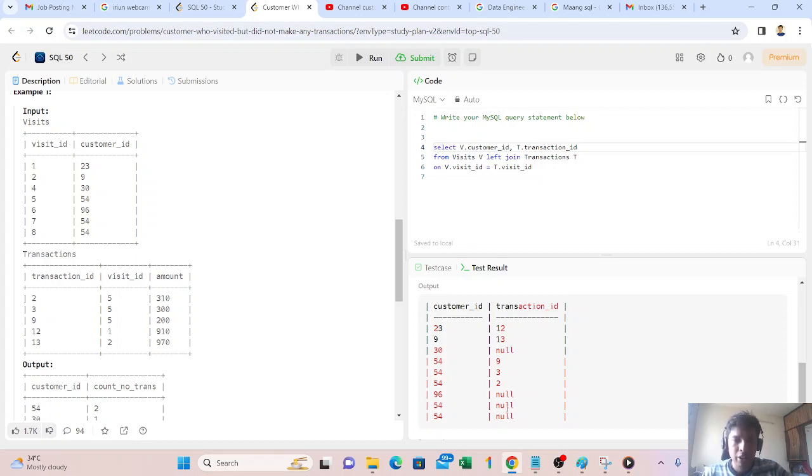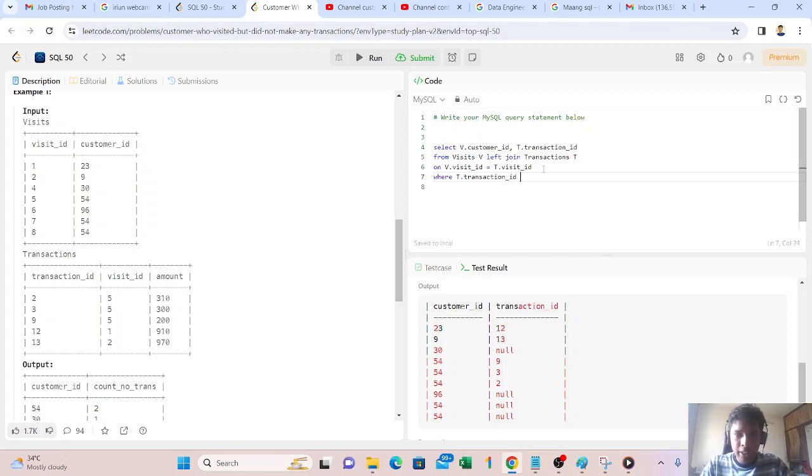Now we have to count only those rows where it is giving the null values. So what will be your where condition? Where T dot transaction ID is null. I don't want to make again a spelling mistake and waste your time, sorry for that.